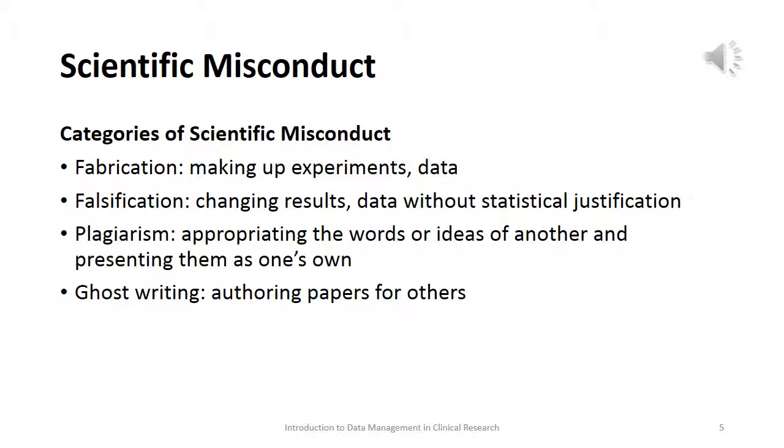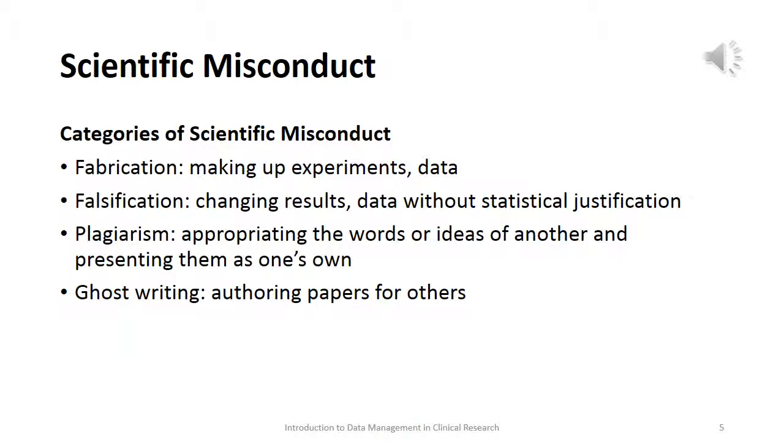The categories of scientific misconduct include fabrication, which is making up experiments, making up data. Also, falsification, which includes changing results or data without statistical justification. Then we have plagiarism, appropriating the words or ideas of another and presenting them as one's own.